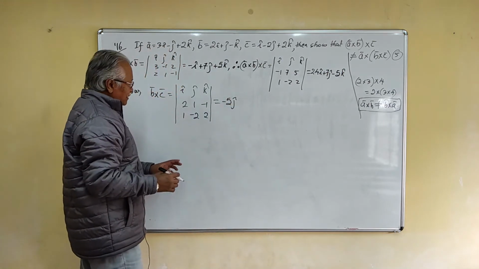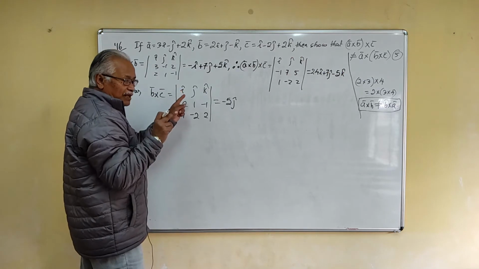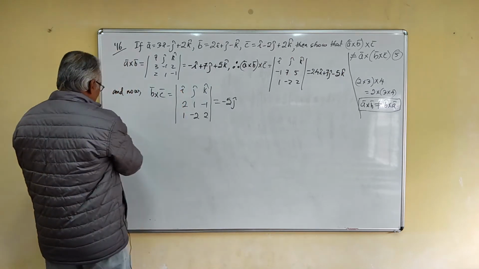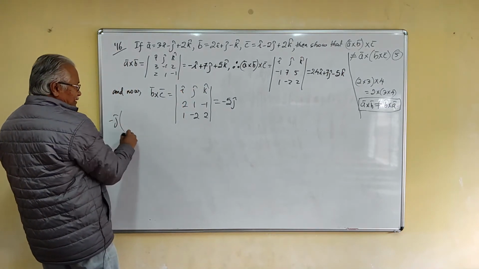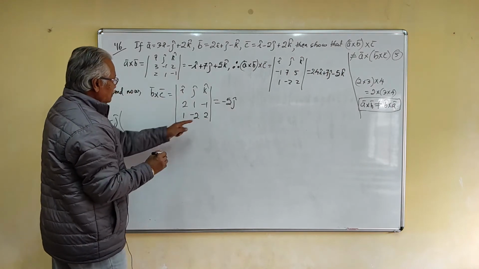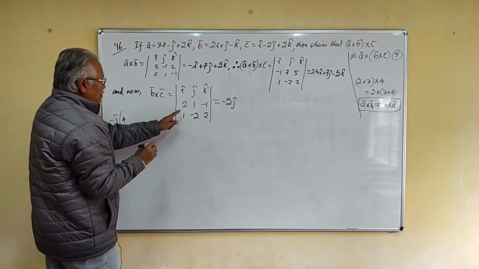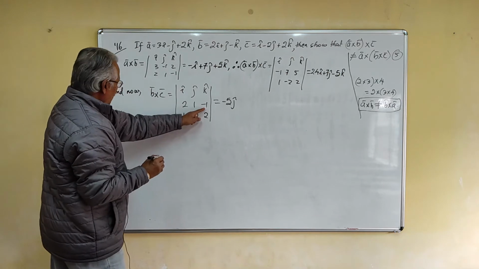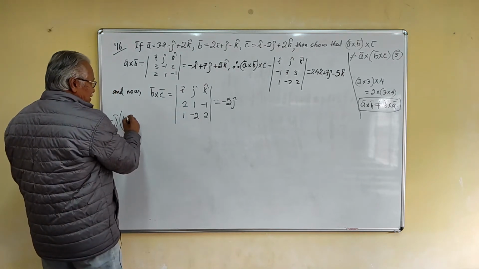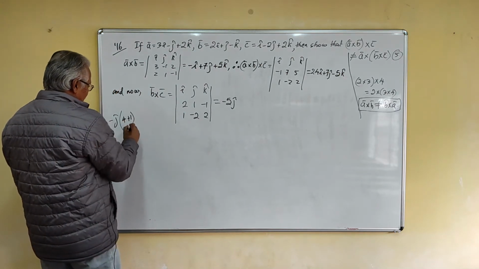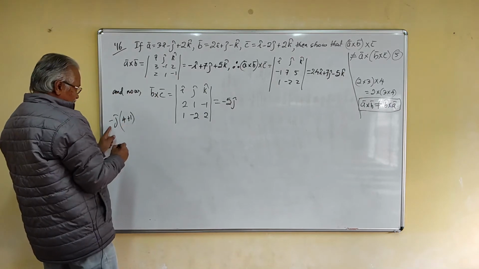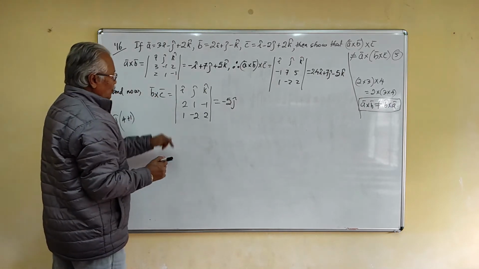Is it done? Yeah, because you are writing minus j, right? 2 twos are 4, and minus of 1 will be plus 1. That will be 5, minus 5j, right? Okay.